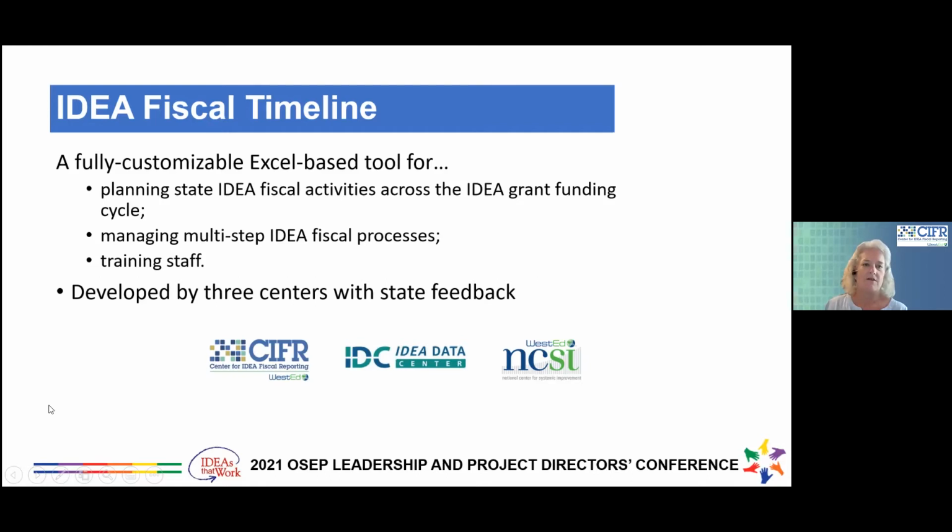The IDA Fiscal Timeline is a really fully customizable Excel-based tool that you can use in multiple ways in your state. You can use it for planning your IDA fiscal activities across the grant funding cycle. You can use it to manage the complicated and often complex IDA fiscal processes.